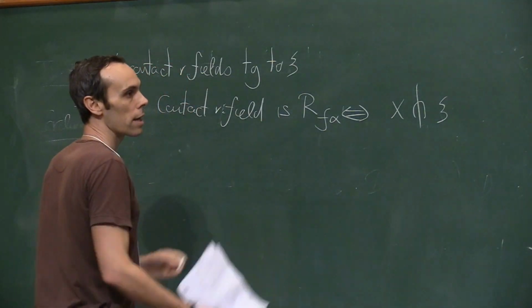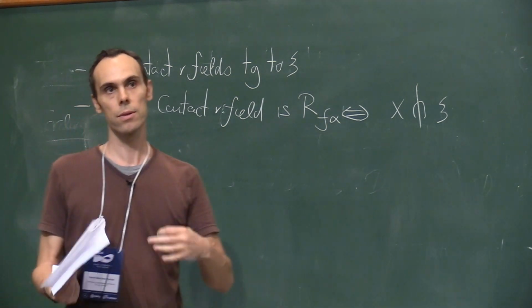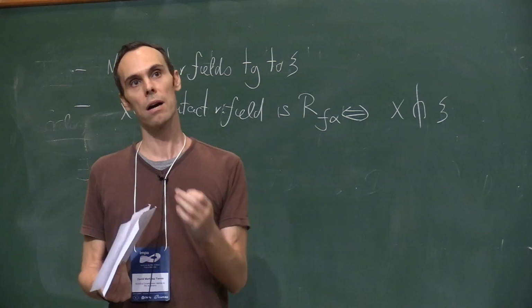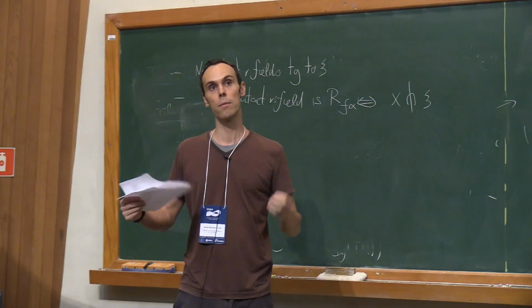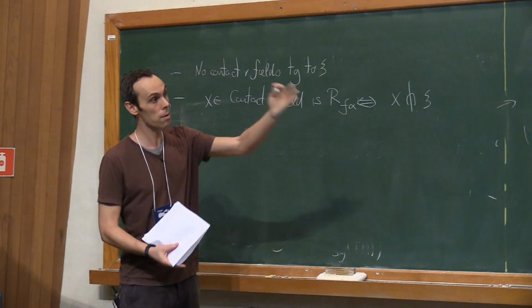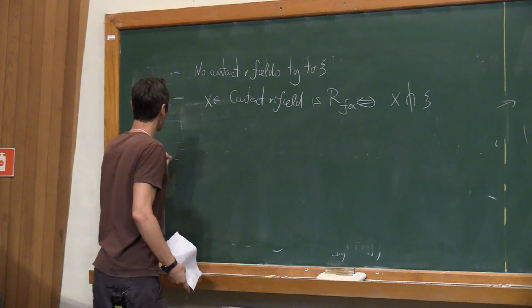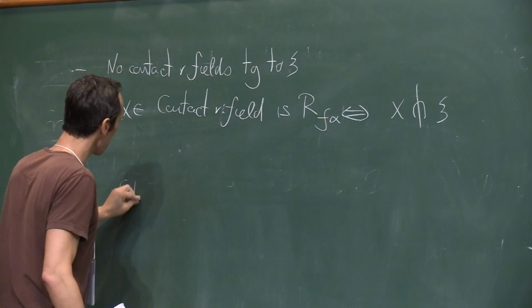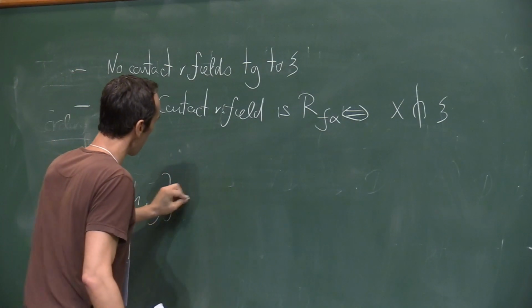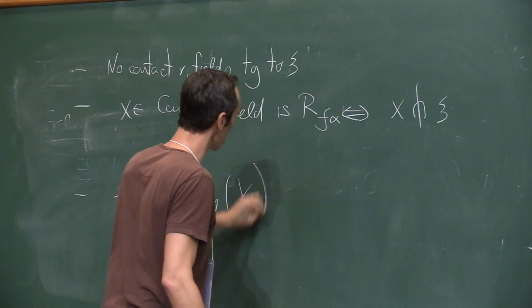Now, what can you do with contact Hamiltonians? Remember your lectures on symplectic geometry: each time you use the Hamiltonian vector fields to produce a bracket on functions, the so-called Poisson bracket. Here you can do the same thing. Given a function, you associate a vector field, and define the bracket of the functions h and g as dα applied to the Hamiltonian vector field of h.